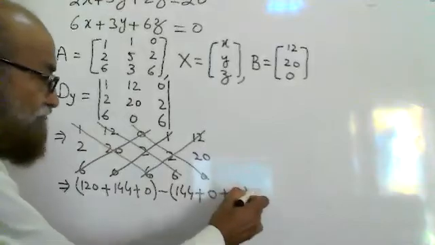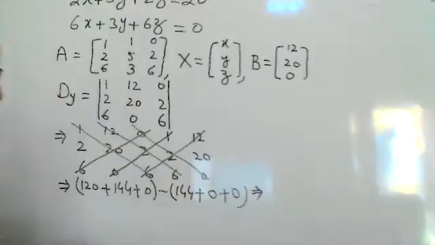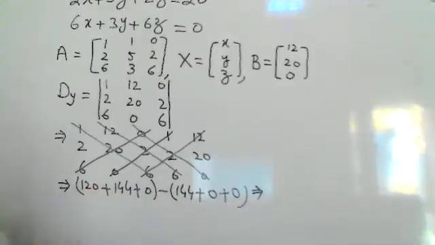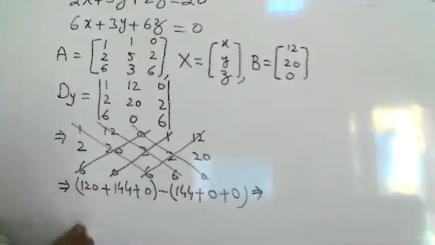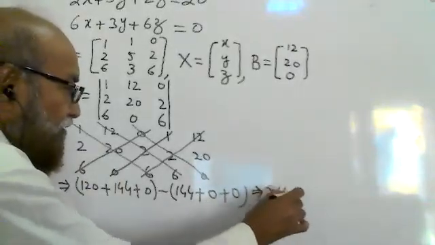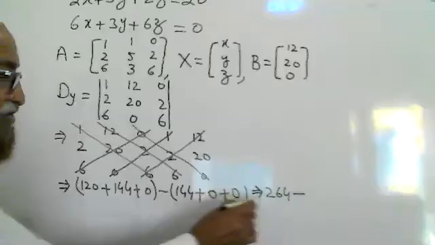Now if we open it, 144 will be cancelled by 144. Only 120 will be the answer. So 120 plus 144 will be equal to 264, minus 144 plus 0, 0, 144.